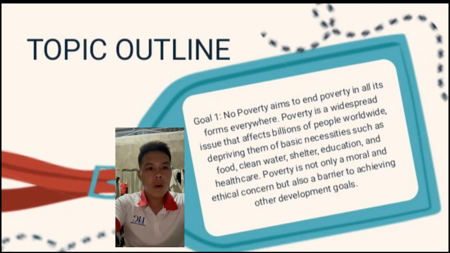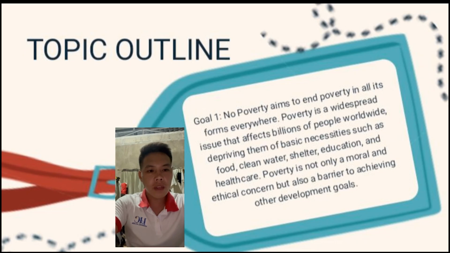So, for example, no poverty, which seeks to end poverty in all of its manifestations worldwide, is covered in that topic outline. It draws attention to the fact that billions of people are deprived of basic essentials such as food, clean water, housing, healthcare, and education due to poverty.